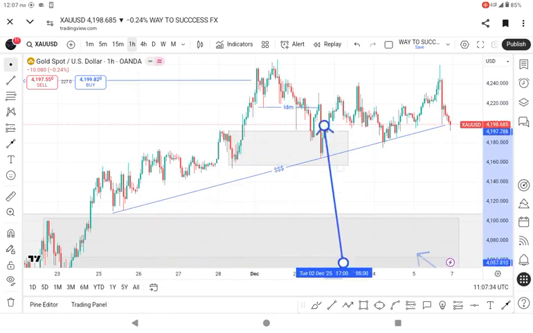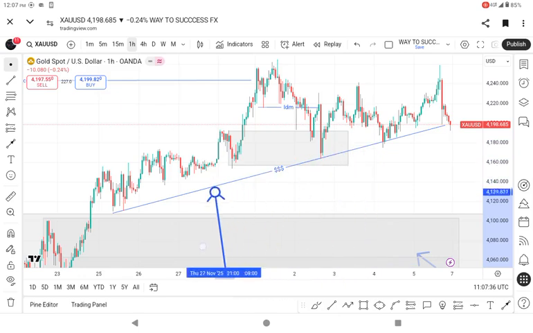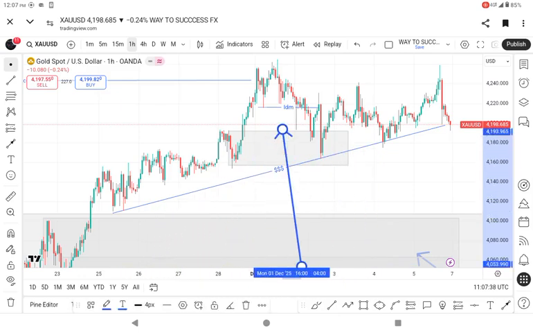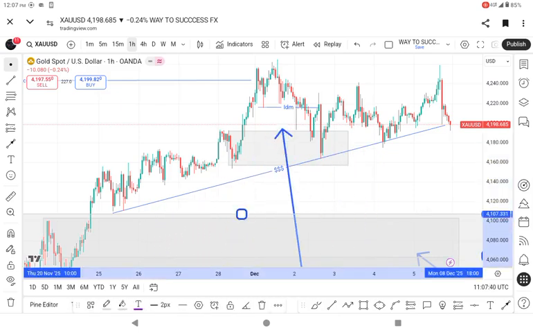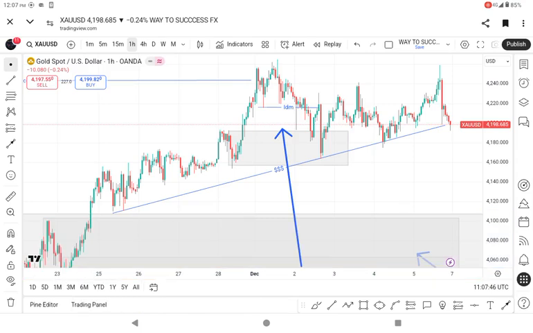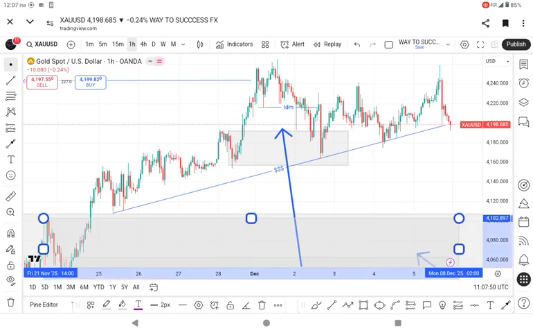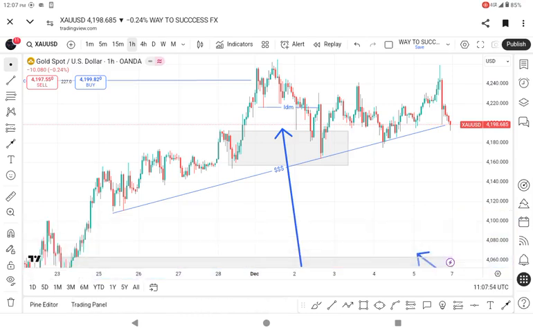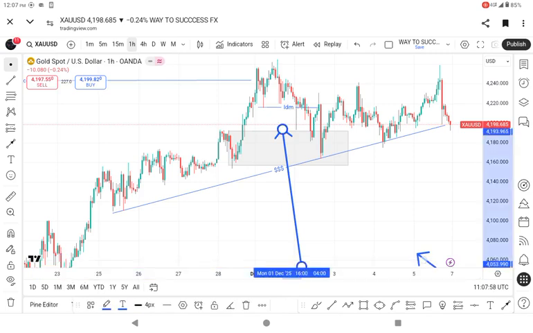So when price takes this trend line liquidity in H1, we have a zone that price might possibly react from before continuation. So right now, let me reduce some of these markups to make our chart cleaner.